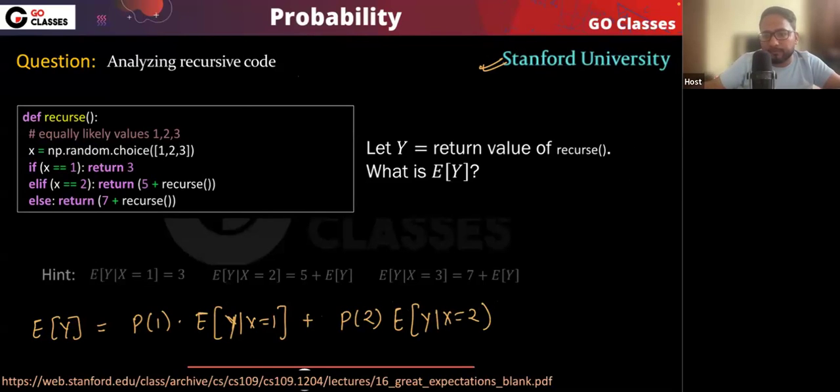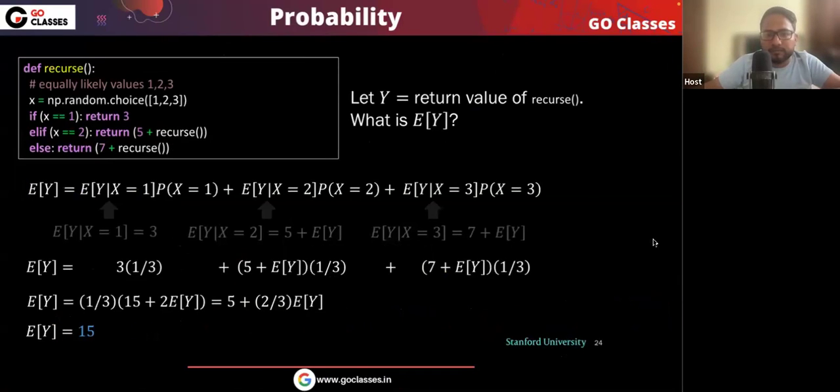Right? I hope you can solve this question. So what is the answer here? Yes, Diksha is saying 15, and 15 is the correct answer. Yes.